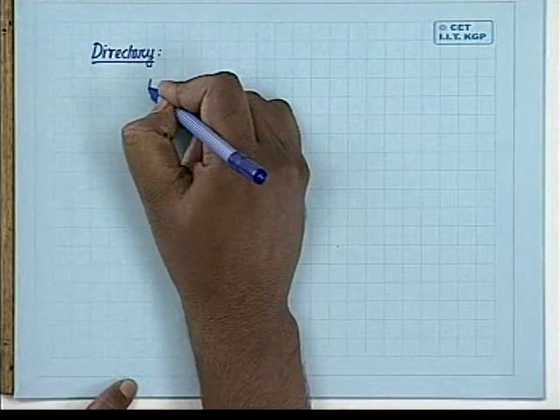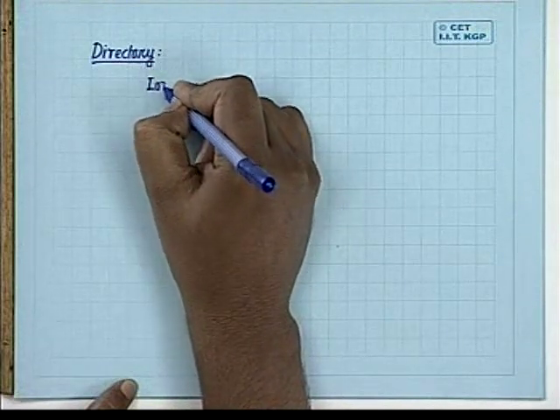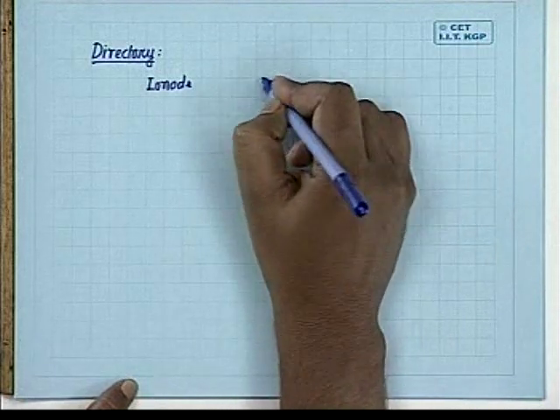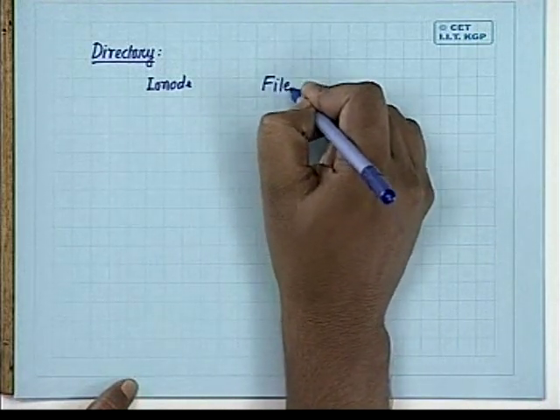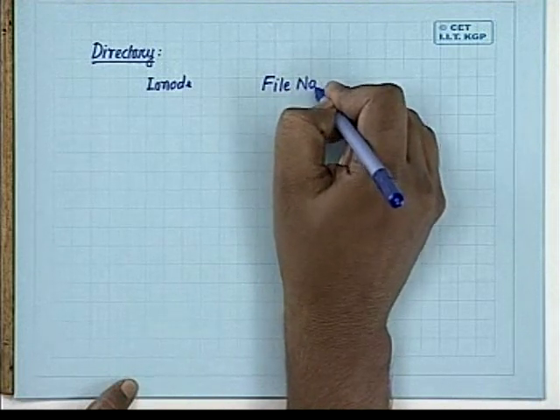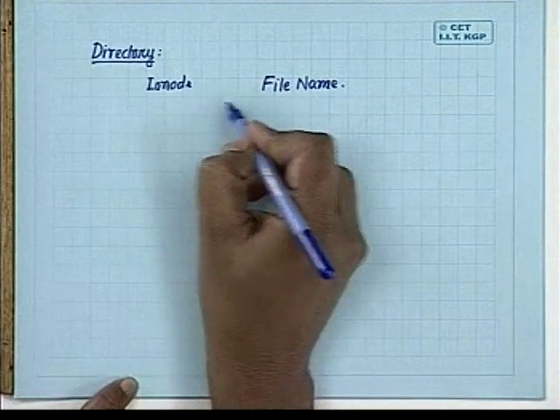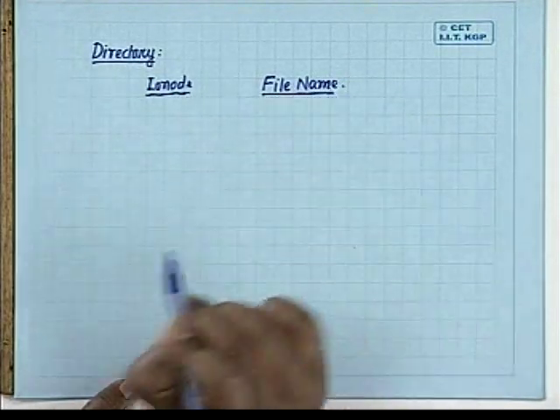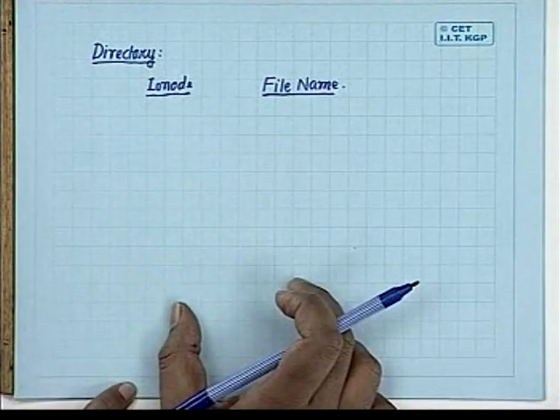The content of a directory will be a list of inode and file name pairs, where the name can be a file name or even a subdirectory.